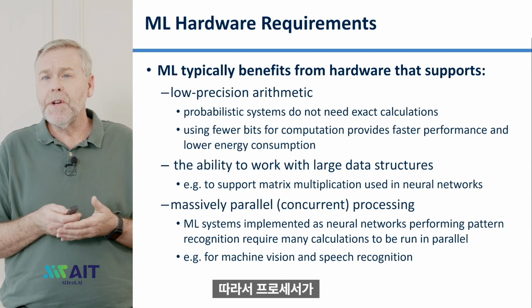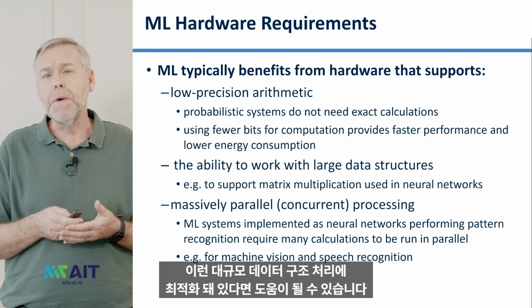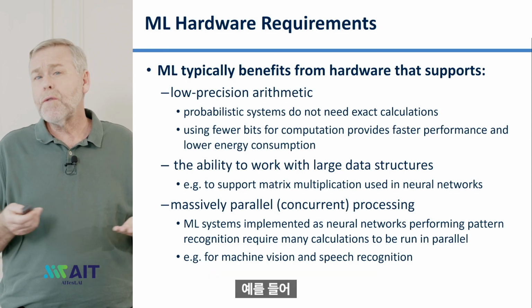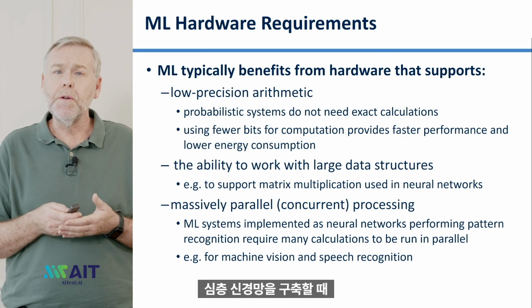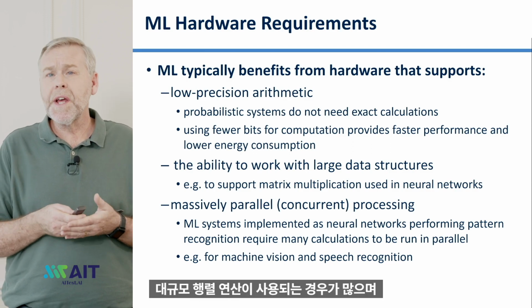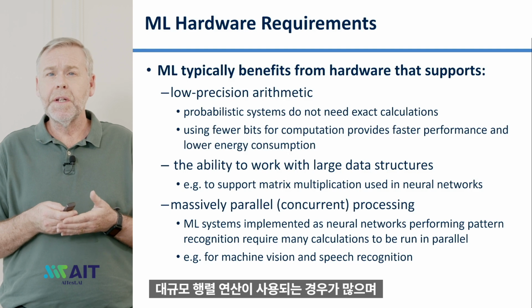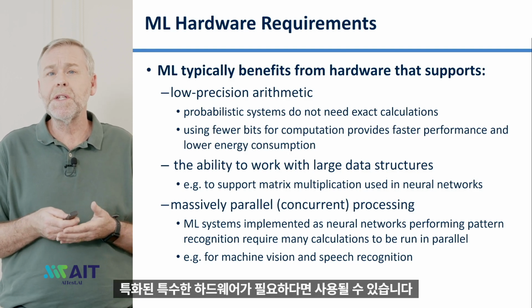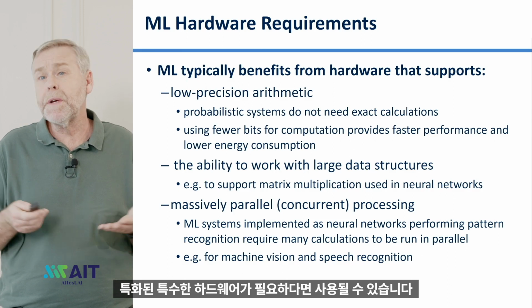Thus, it can be beneficial if the processors are optimized to work with these large data structures. For instance, when implementing deep neural networks, large-scale matrix multiplication is often used, and specialist hardware built to specifically support this type of calculation can be acquired if needed.